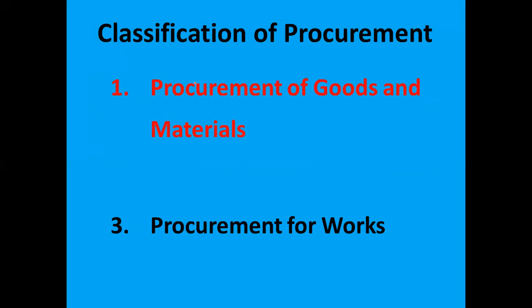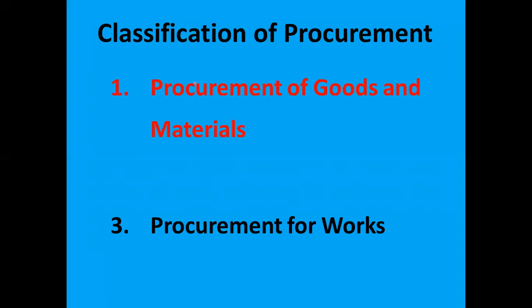Next one is classification of the procurement process. So coming to the classification, first one is procurement of goods and materials.